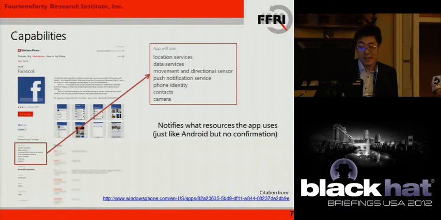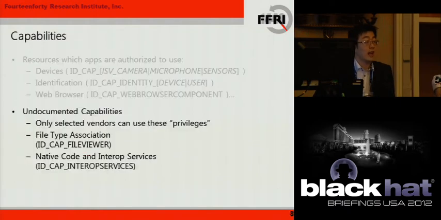Most capabilities are documented and authorized for use by normal developers. However, there are some undocumented capabilities which enable higher privileges. For instance, ID_CAP_INTEROPSERVICES permits access to third-party services. This is very interesting, so I will talk about this later. Anyway, let's move on for now.